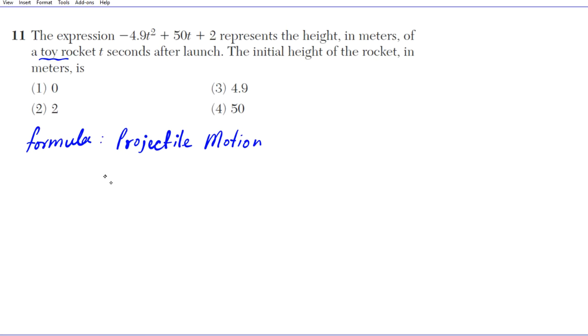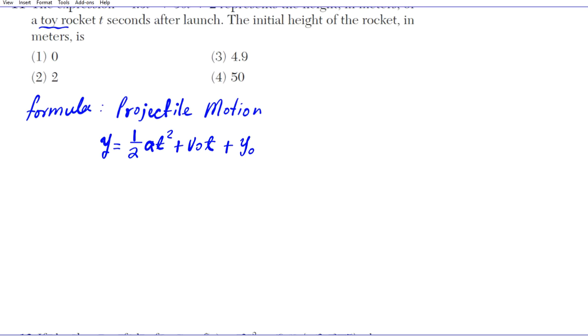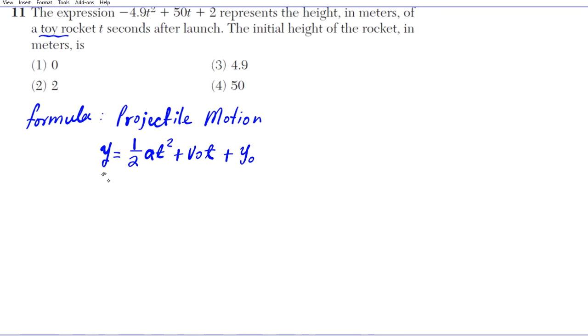Okay, and that is given by y equals 1/2 a t squared plus v0t plus y sub 0. Now what do the different components of this equation mean? Let's start with y. Y represents the height of the object from the ground at time t.